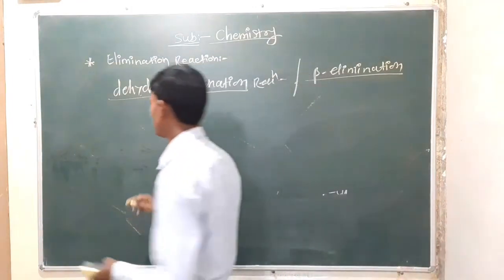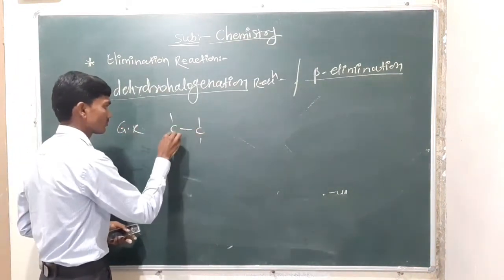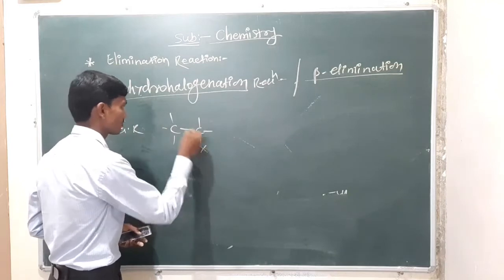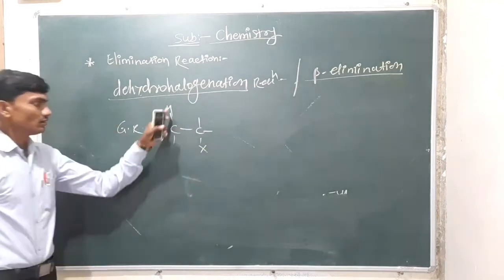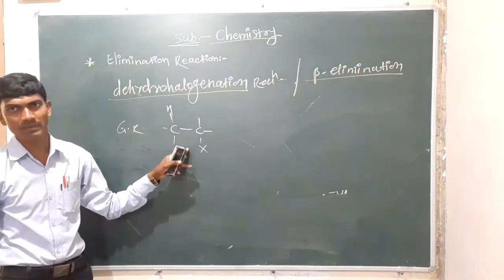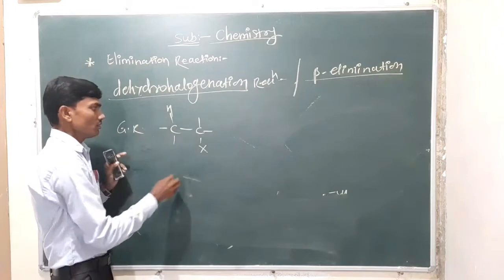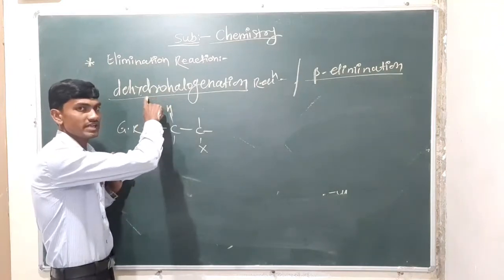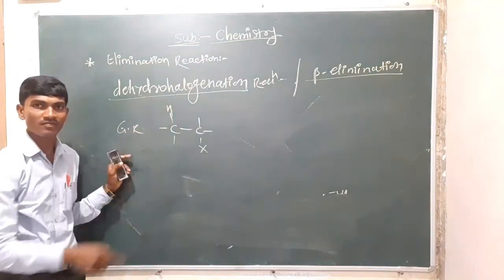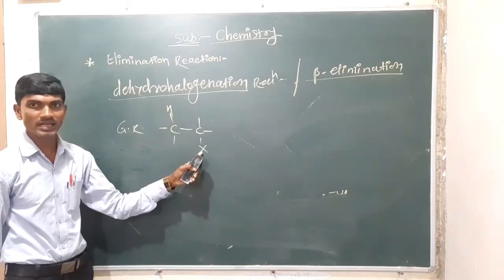In the general reaction, the compound is alkyl halides. It may be primary, secondary or tertiary. Dehydrohalogenation reaction: removal of one hydrogen atom and one halogen atom.